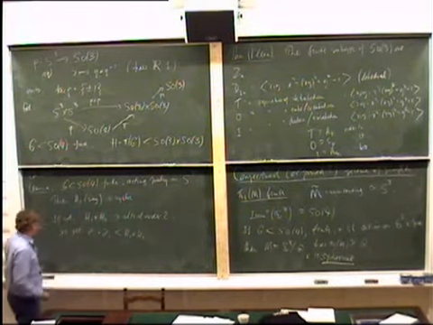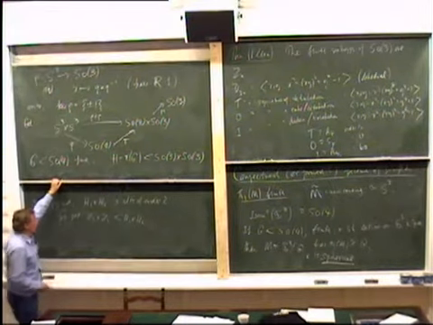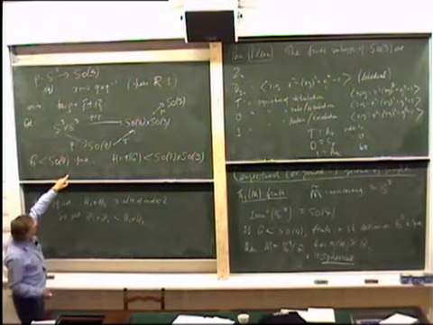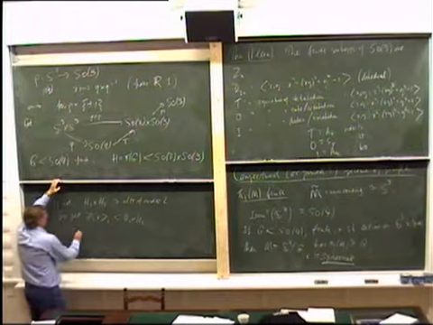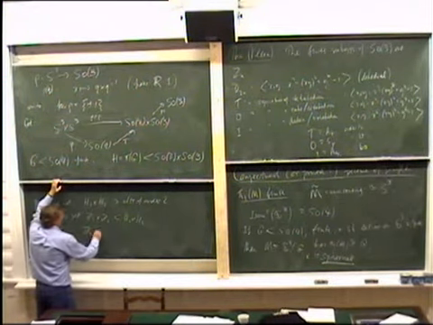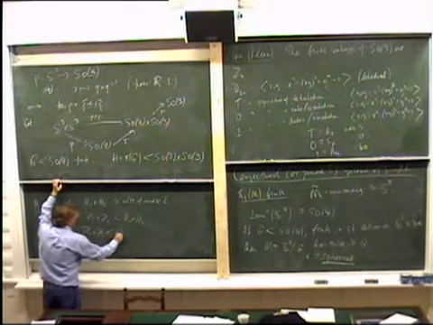Then with a bit of fussing around, you show that you'd have to get a Z2 as a subgroup of G.